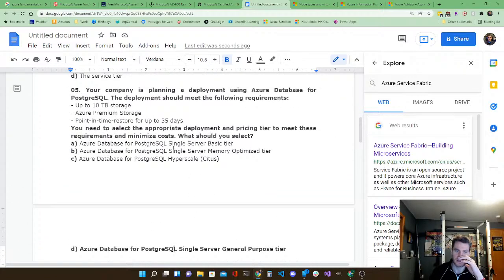This is another thing that could really make this exam tough: you have to know every single tier level for all of these different Azure resources and what they offer, like, oh, basic tier is up to 5 terabytes, or maybe it is up to 10, but it's not premium, and general.